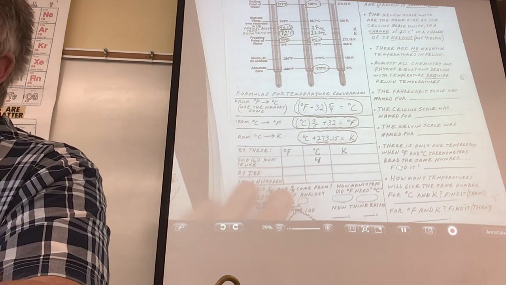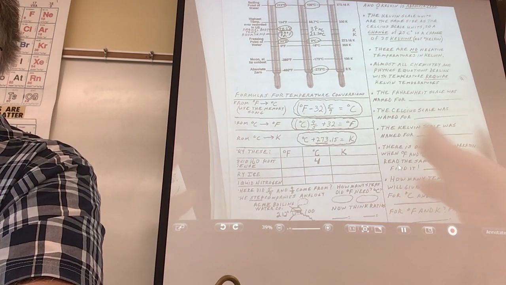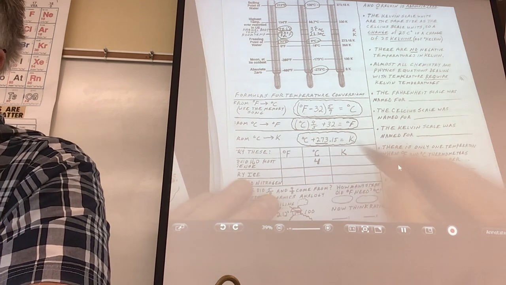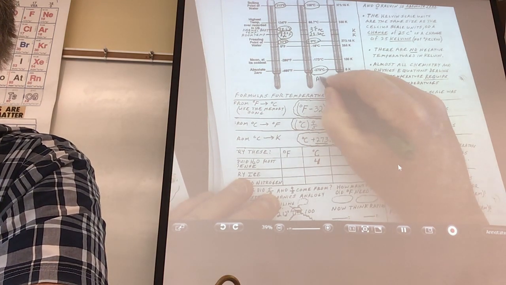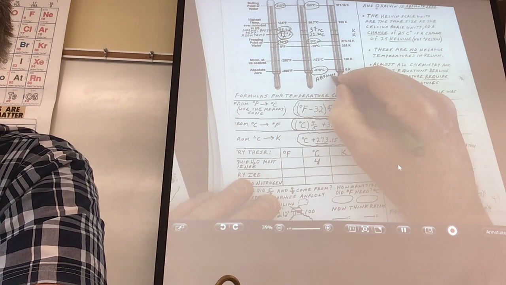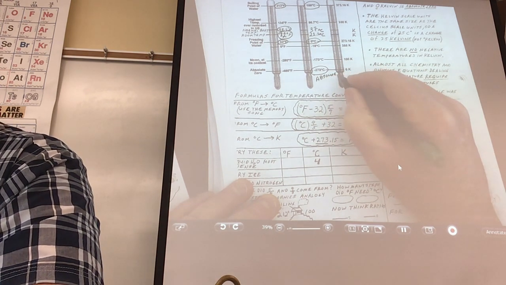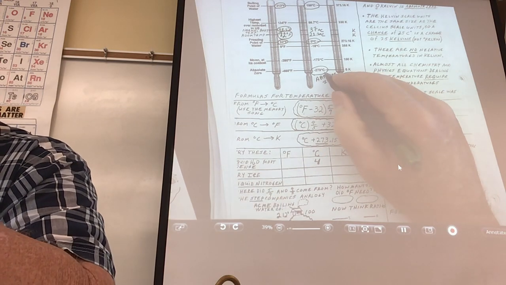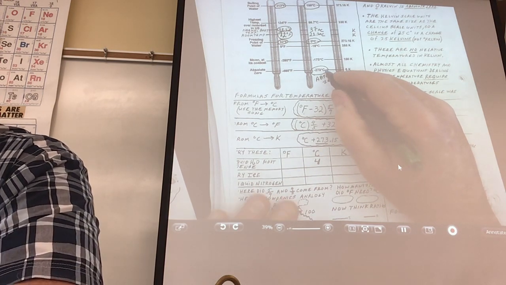On this scale, it came out to be negative 273 degrees. What's that fancy name for the coldest temperature? Absolute zero. So absolute zero on the Celsius scale was negative 273.